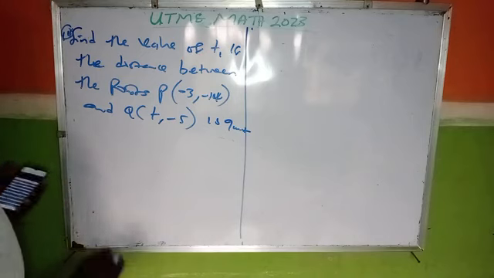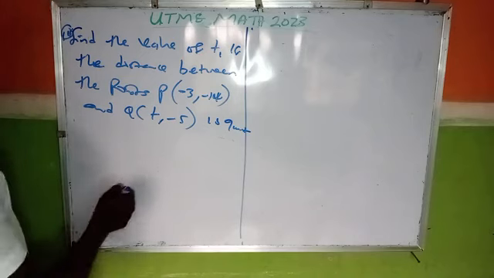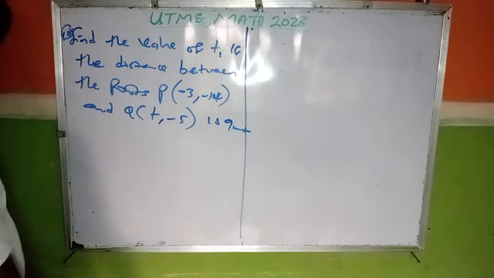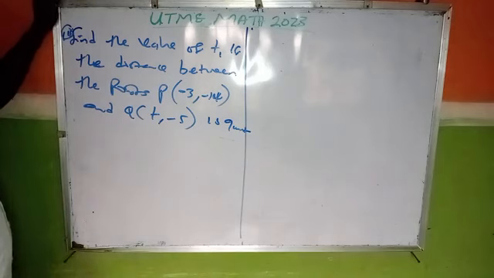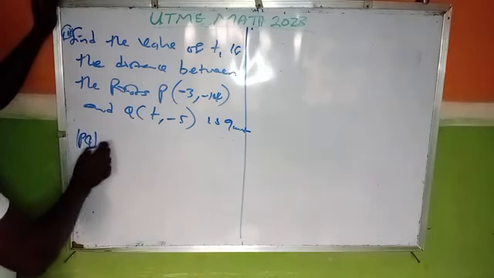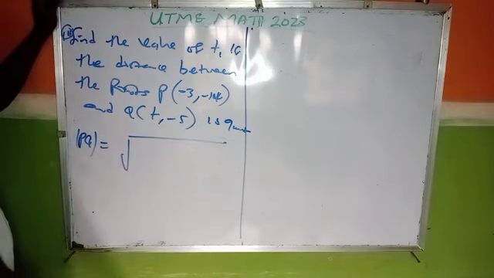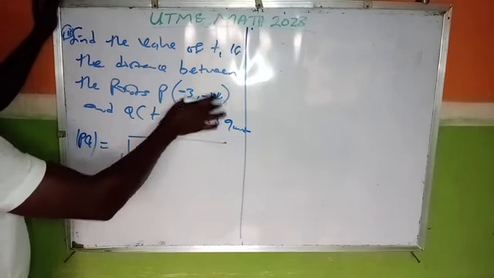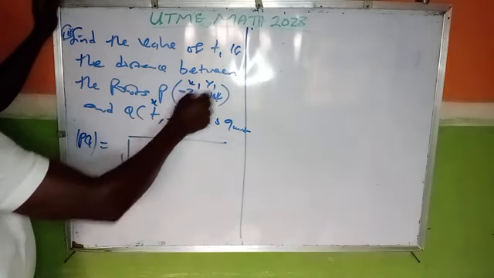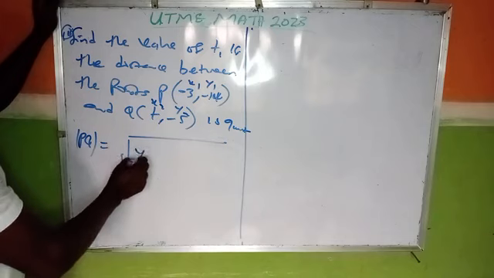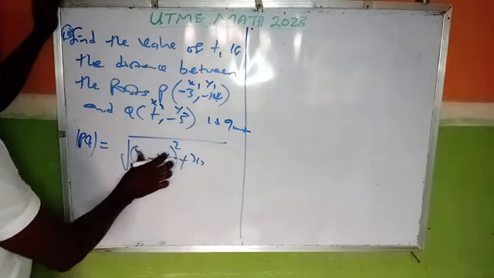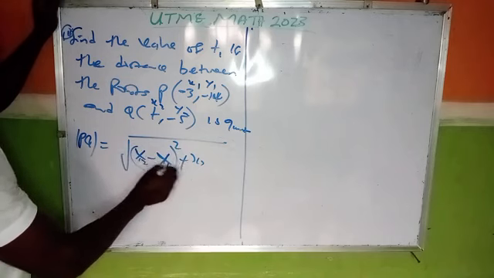Now look, so what you have here is the distance between 2 points. You have point P and Q. So the distance between this and this, you have it as x1, y1, x2, y2. So you have x2 minus x1 squared plus y2 minus y1 squared, whichever one you write, still the same thing.